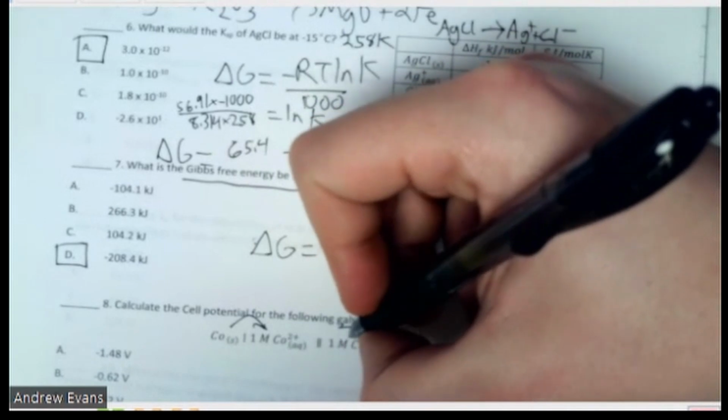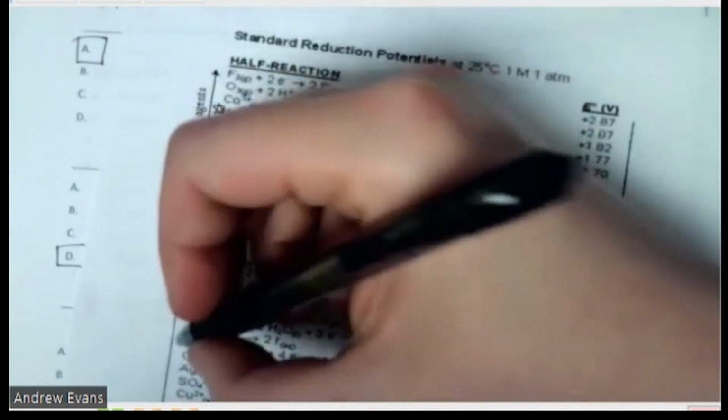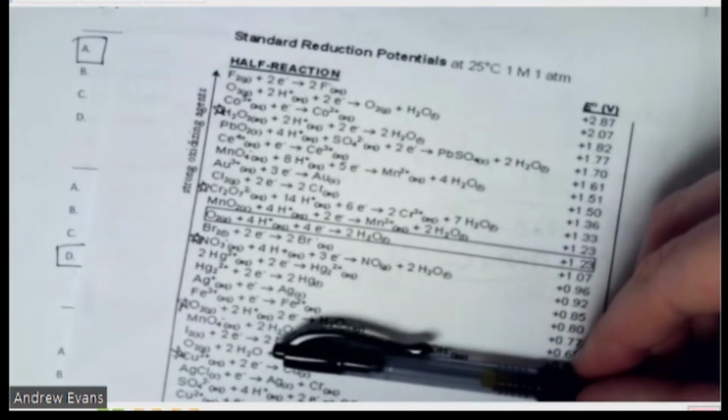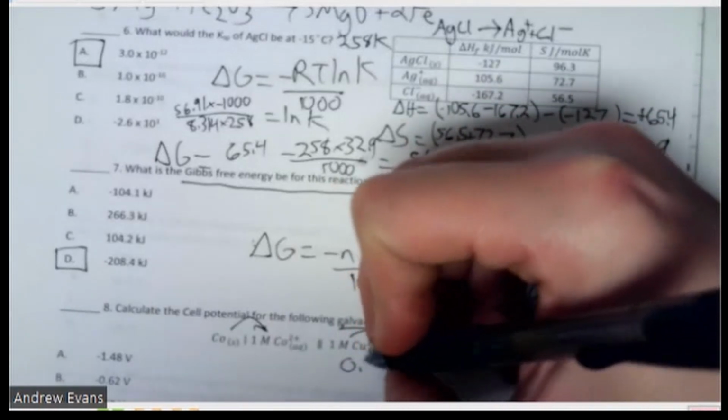Okay, calculate cell potential for the following galvanic cell. So it's galvanic, so it tells you what to look for. Cobalt, copper. So using that, you can always tell where to look. We want cobalt 2 solid to cobalt 2, copper 2 to copper solid. So here's the copper 2 to copper solid, 0.34. And now where's the cobalt?